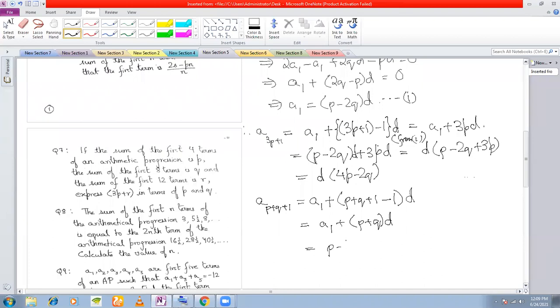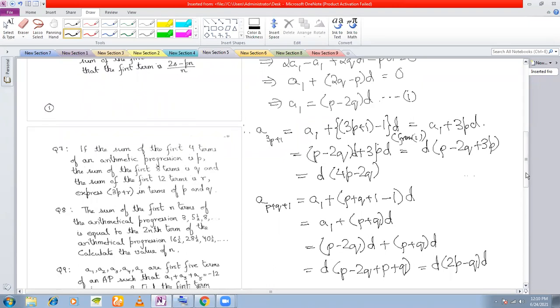A1 is (P minus 2Q) into D plus (P plus Q) into D. Now you take D common. You will get (P minus 2Q plus P plus Q). So you get D times (2P minus Q) into D.